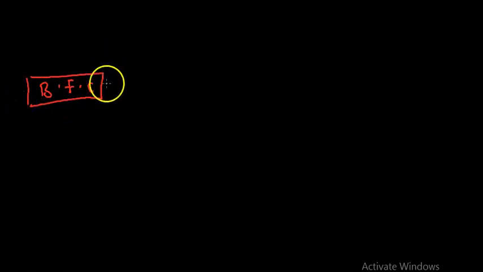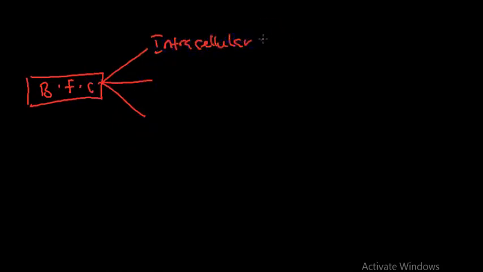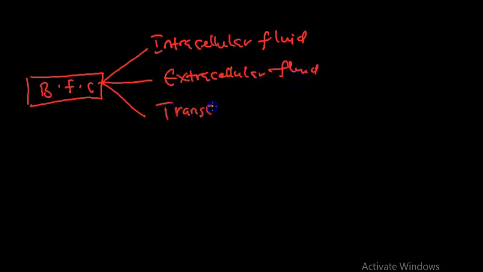Body fluid compartment is simply categorized into three main compartments. The first one is intracellular fluid, the second one is extracellular fluid, and the last one is transcellular fluid.